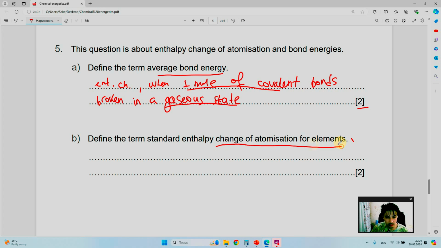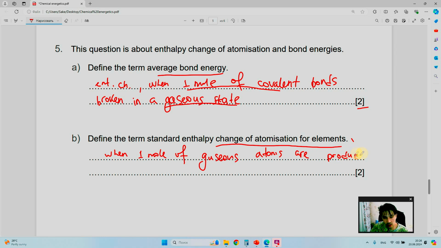Atomization enthalpy for any element is, again, according to definition, a very common one. It's an enthalpy change when 1 mole of gaseous atoms are produced. It's a bit different from bond energy, but usually it's just half of bond energy values. So it's when 1 mole of gaseous atoms are produced.